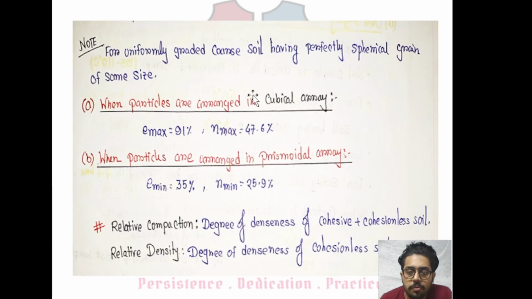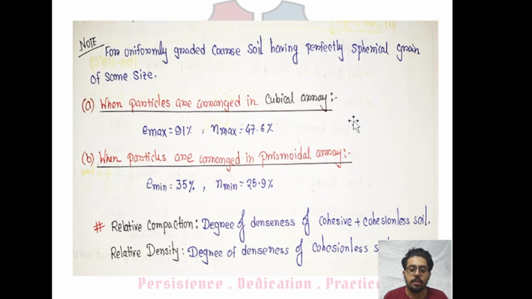Now for uniformly graded coarse soil having perfectly spherical grains of the same size, when the soil is uniformly graded, then the soil particles are spherical and the size of the soil particles will be the same. When particles are arranged in a cubical array, then the maximum void ratio should be 91% and the maximum porosity should be 47.6%.